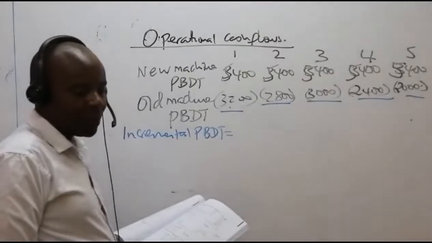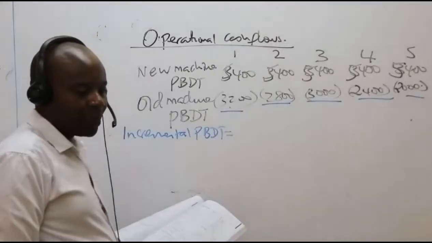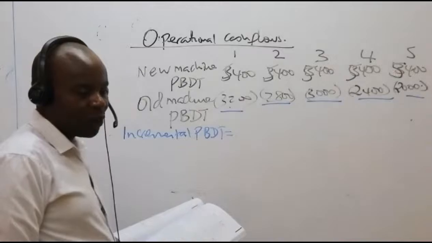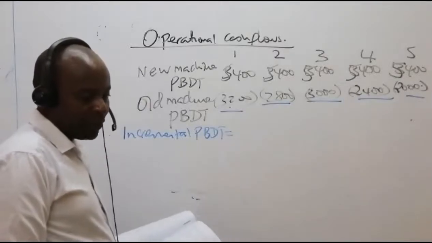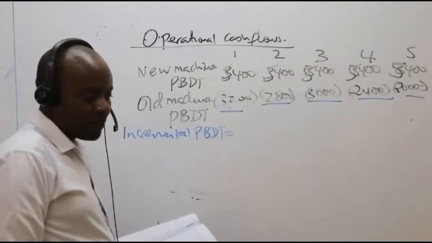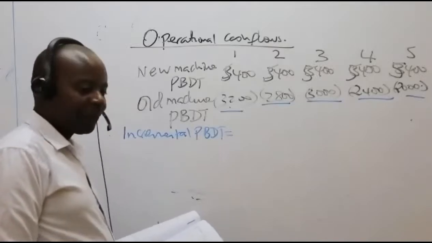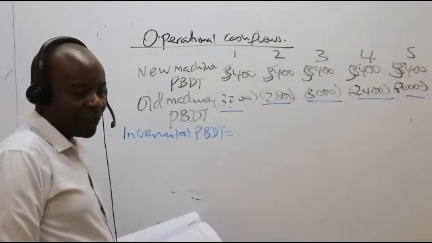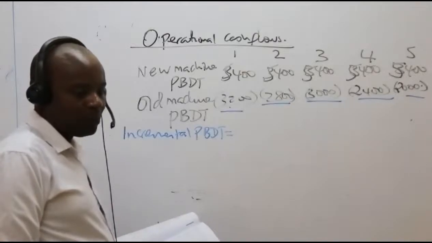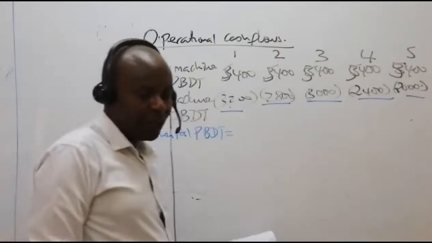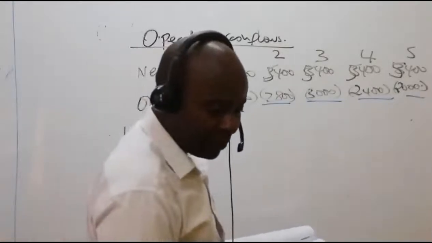What figures do we have, somebody here? The first one, 5,400 minus 3,200. Please give me the figures very fast. I'm not seeing anybody giving me any figure.